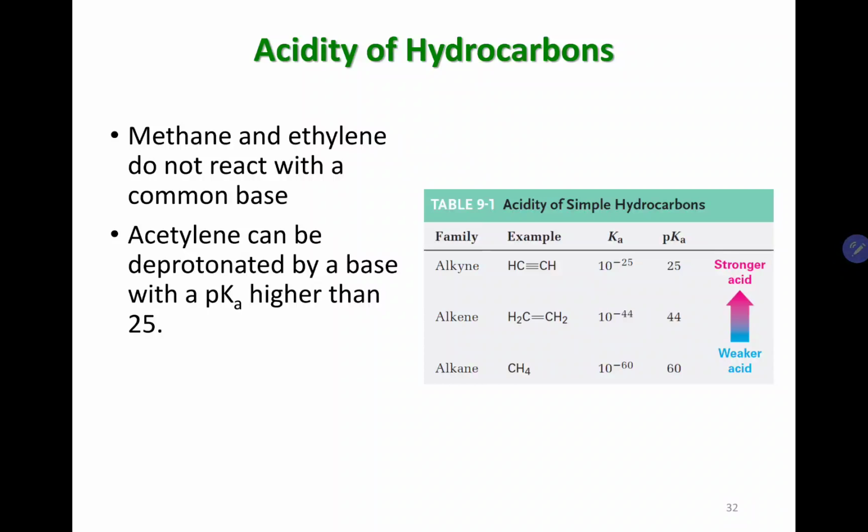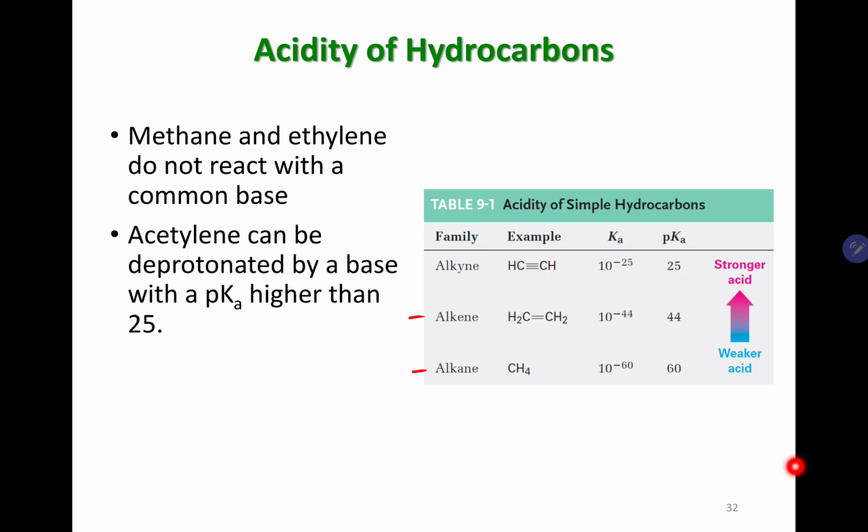All right, so let's talk about the acidity of hydrocarbons. As you know, we never talked about this deprotonation reaction for alkanes or alkenes. Why? Because if you want to deprotonate a hydrogen from an alkene or alkane, you need an extremely powerful base. Alkenes have a pKa around the 40s, and alkanes have a pKa of around the 60s.